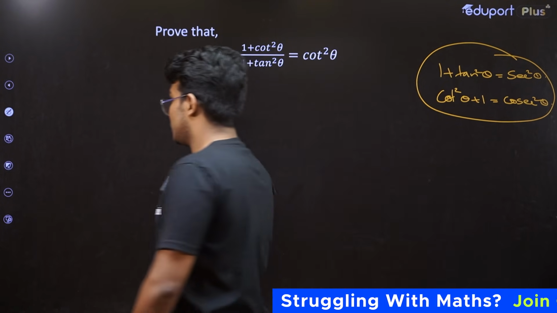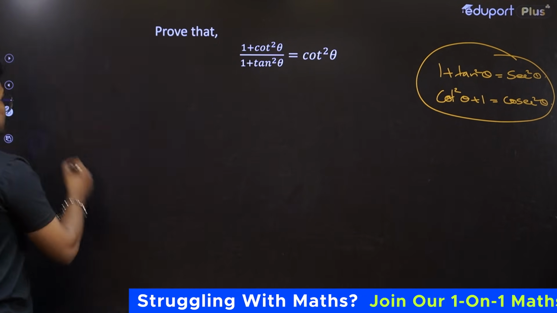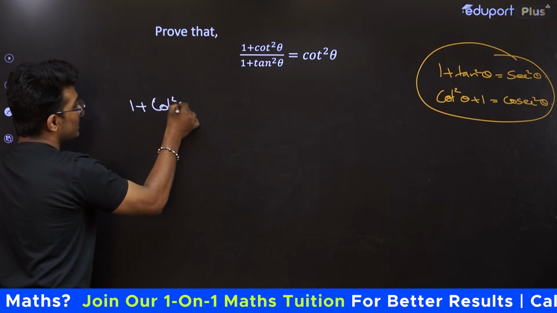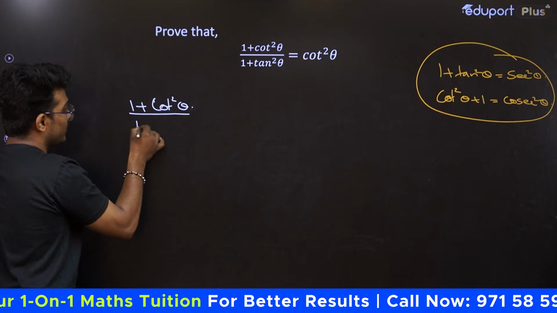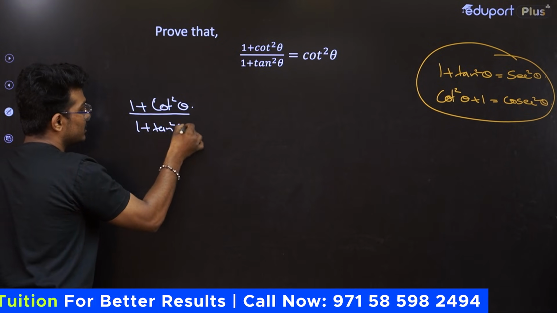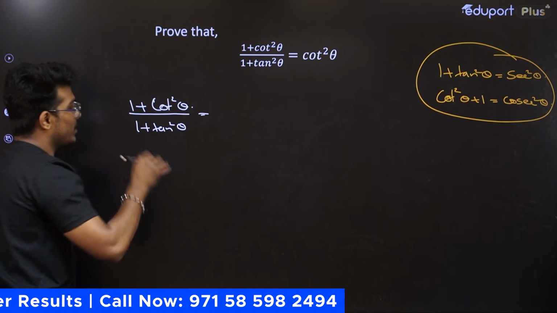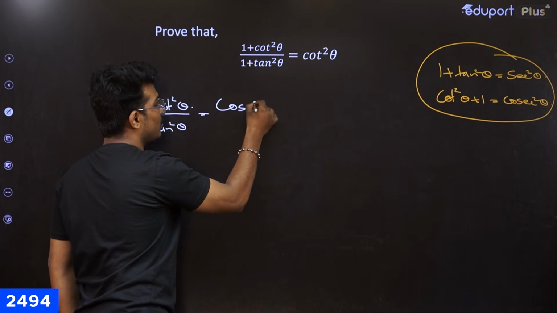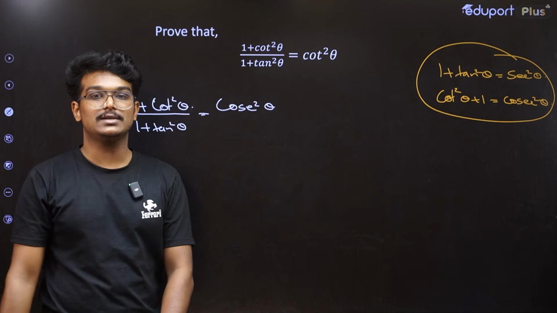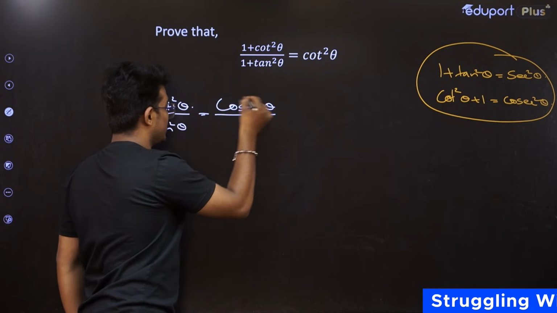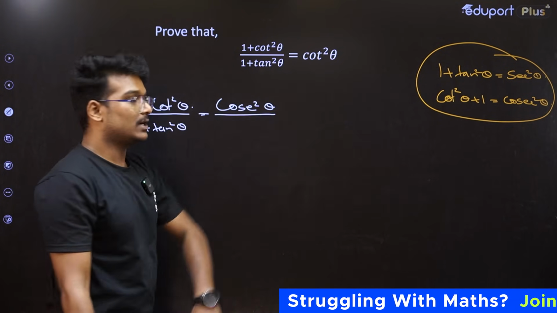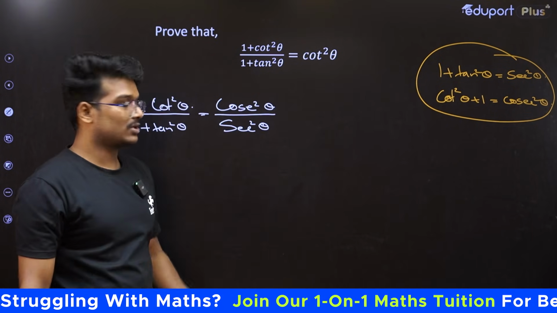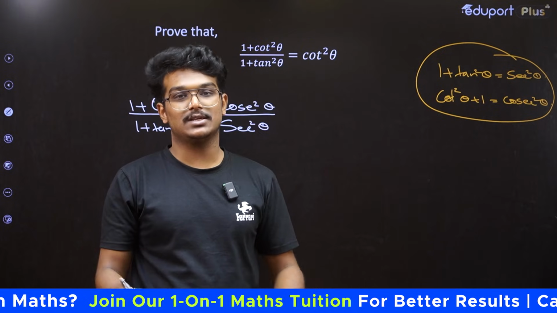Okay, let's move. (1 plus cot square theta) divided by (1 plus tan square theta). 1 plus cot square theta is cosec square theta. Then divided by 1 plus tan square theta, which is sec square theta. So cosec square theta divided by sec square theta.